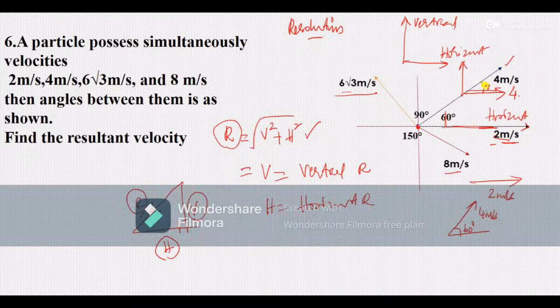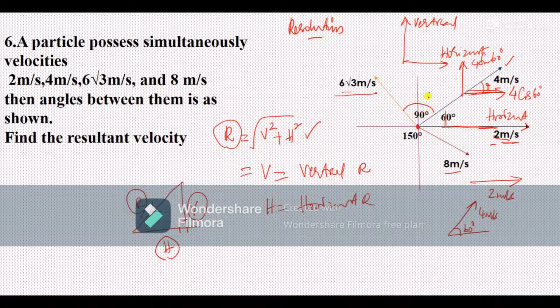So the horizontal direction becomes 4 cos 60, and the vertical becomes 4 sin 60. So this 4 is now resolved in two ways, one vertical and one horizontal.